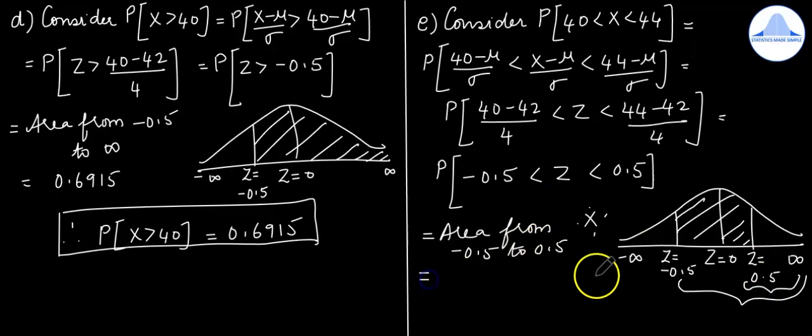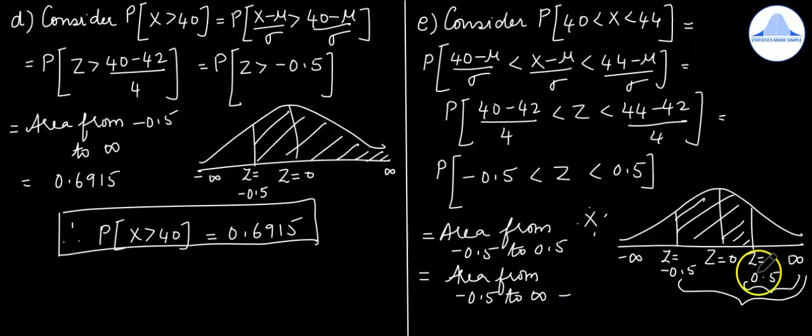So first write the bigger flower bracket area: area from minus 0.5 to infinity, minus the area from 0.5 to infinity, that is the smaller flower bracket. This is important. You should learn correctly how to do it.